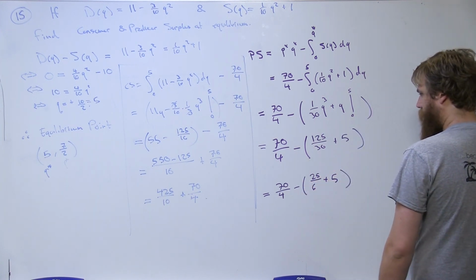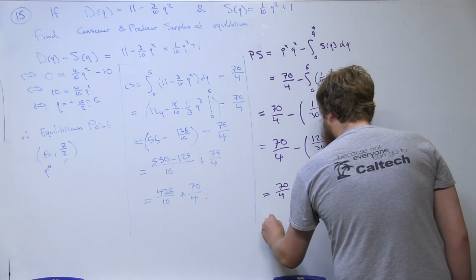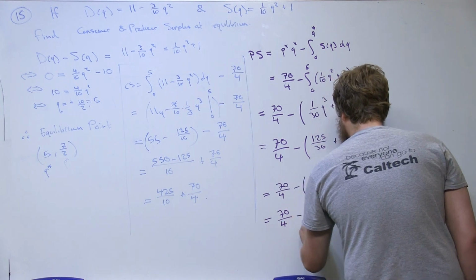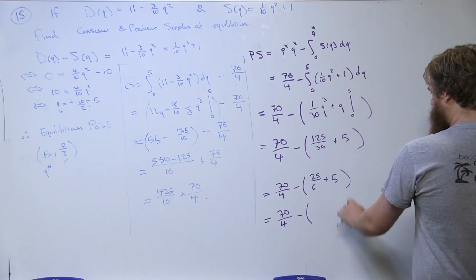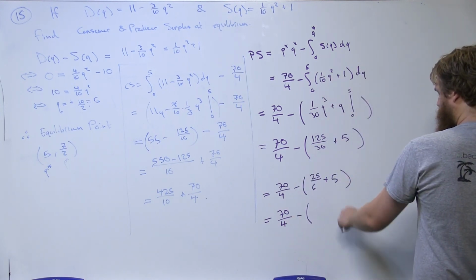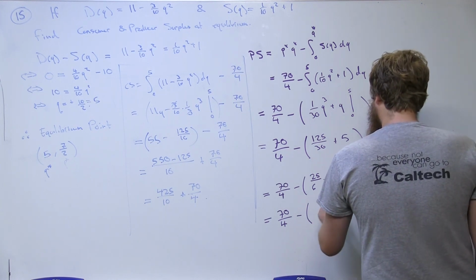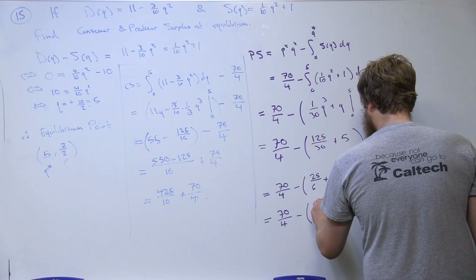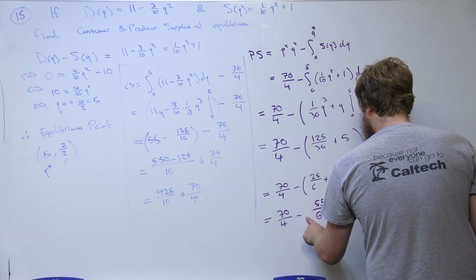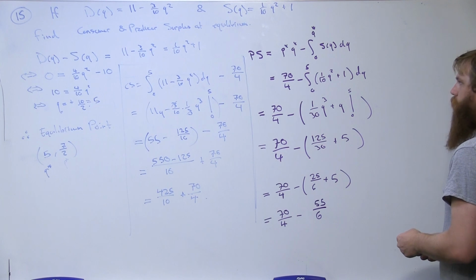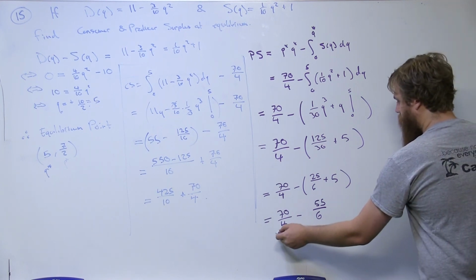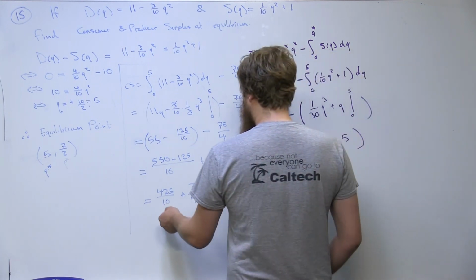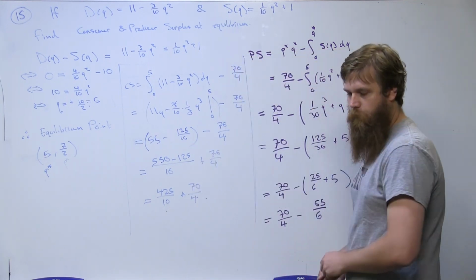And then we'll leave it at just 2 ratios. So this is 70 over 4 minus, if I want to write 5 as a ratio over 6, it's 30. So this is 30 plus 25 is 55 over 6. Okay, so that's it. Your producer surplus is 70/4 minus 55 over 6, and your consumer surplus is 425/10 plus 70 over 4.